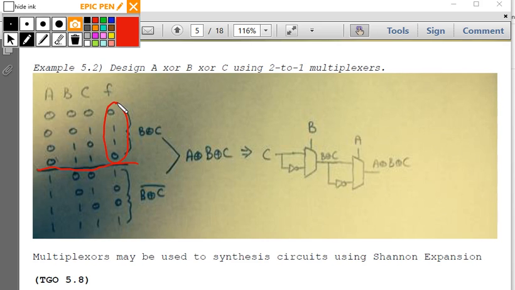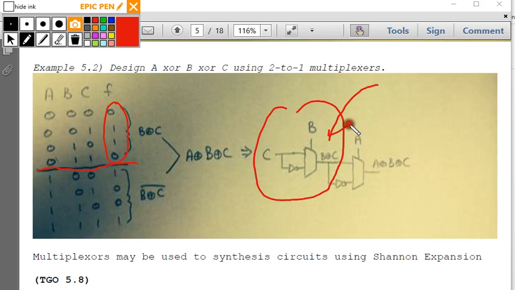But if you look at the second half, you see this is 1, 0, 0, 1. So that's actually the inverse of the original XOR. So this is 0, 1, 1, 0, and then here it's 1, 0, 0, 1. So it's just these values inverted. So what you can do is you can use B or C initially, like we did before, with our multiplexer here.